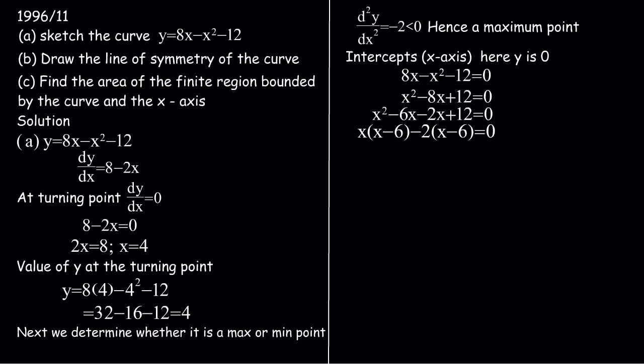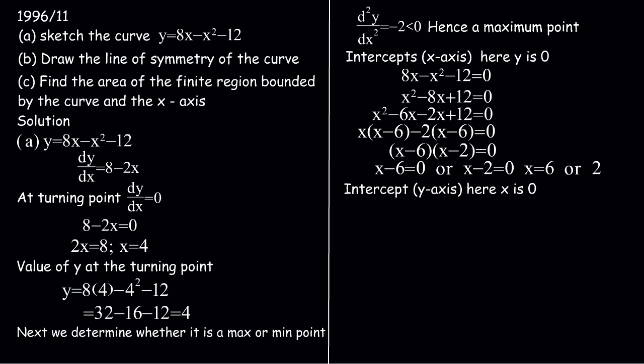And since our brackets are the same, factorizing for that, it becomes x minus 6 in bracket x minus 2 is equals to 0. So therefore, x minus 6 will be equals to 0, or x minus 2 will be equals to 0. Simplifying for that, x will be either equals to 6 or x will be equals to 2.